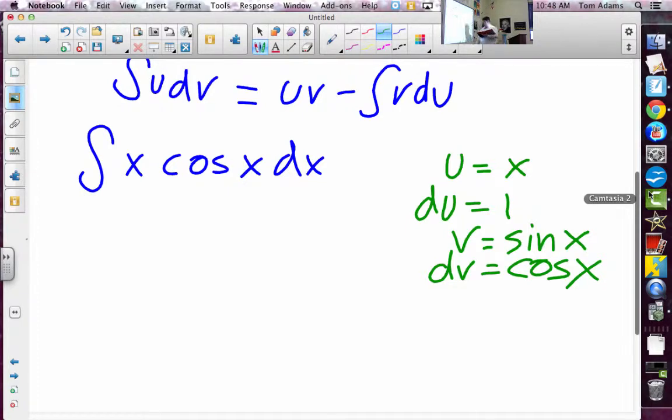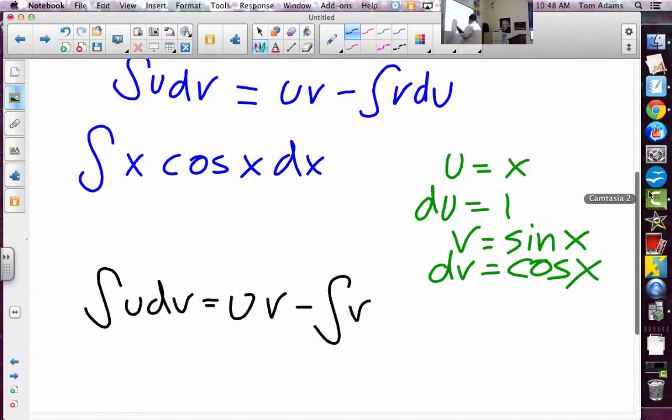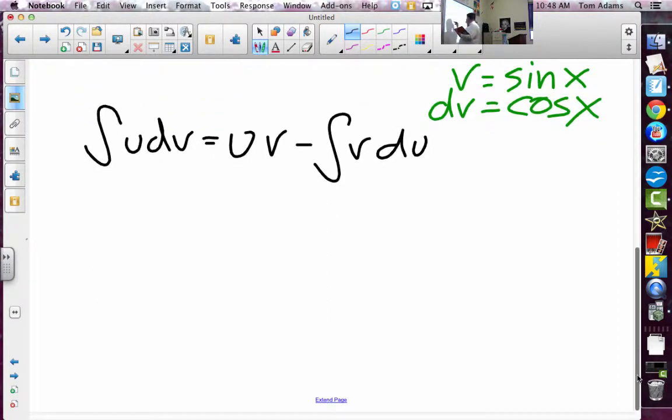Now the reason we want that, and this is where I got kind of mixed up, is that I really want to write this as u dv, because then I can apply uv minus the integral of v du. So now when I plug everything in, I'm going to get the integral of u dv.